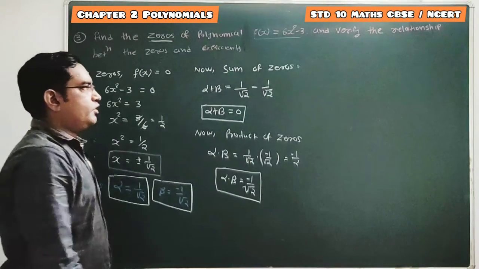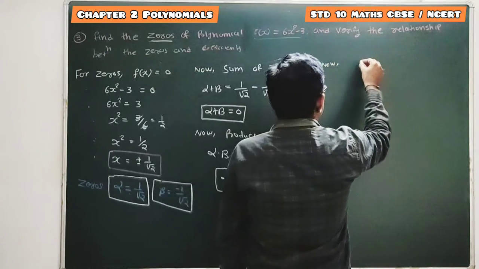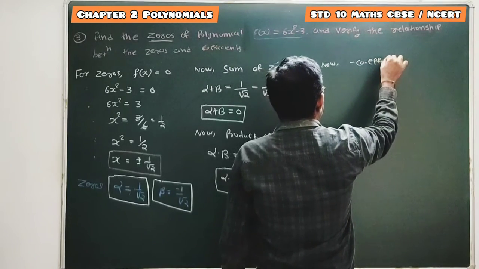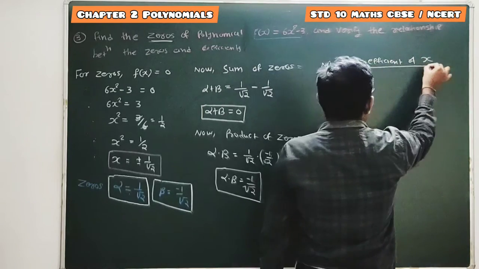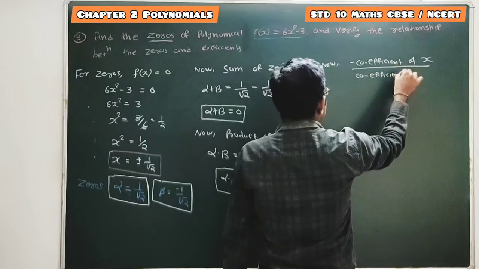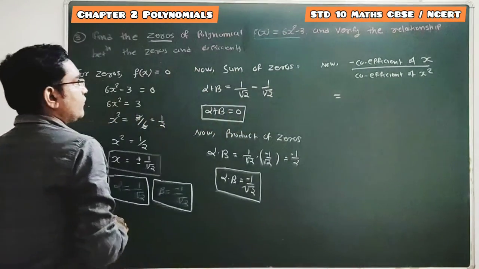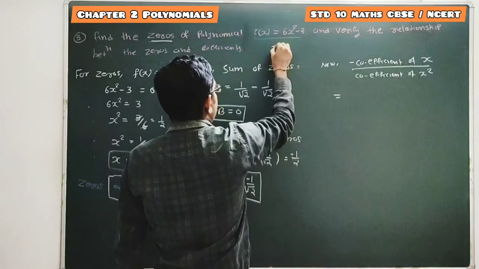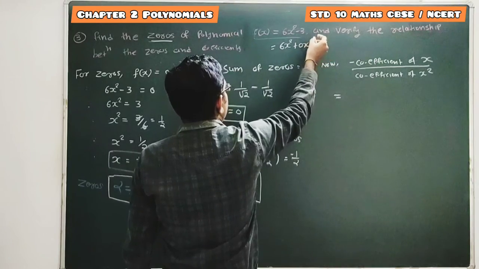Now we have to find the ratio. Which ratio? First one is minus of coefficient of x upon coefficient of x square. If we write this polynomial in standard form, it will be 6x square plus 0x minus 3, since the term with x is missing.